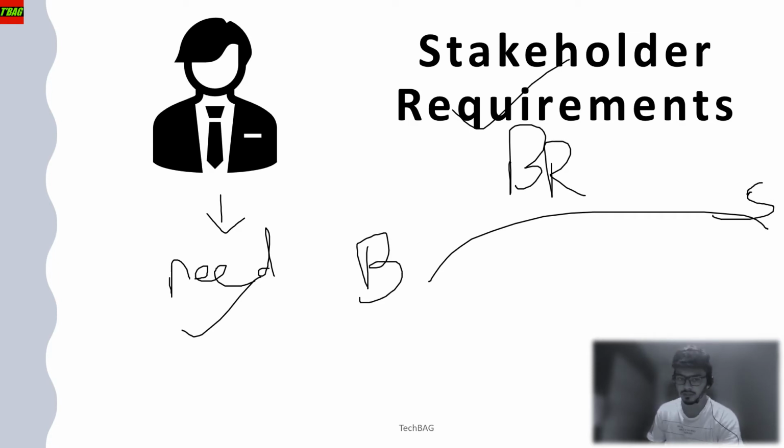So anywhere you are satisfying a business requirement, basically you are moving towards solution. You are moving towards the product end. So stakeholder requirements also are a part of business requirement, but satisfying all the stakeholder requirements would also satisfy all the business needs. So make sure that stakeholder requirements are also considered as a part of business requirement.